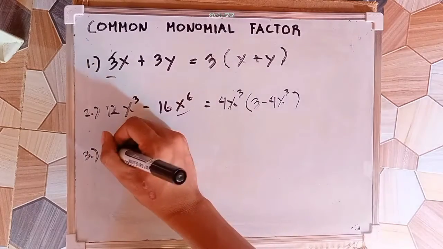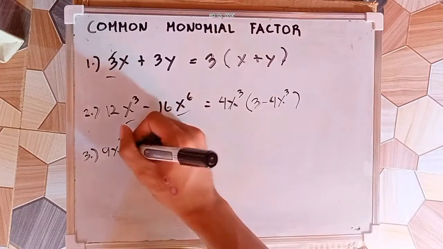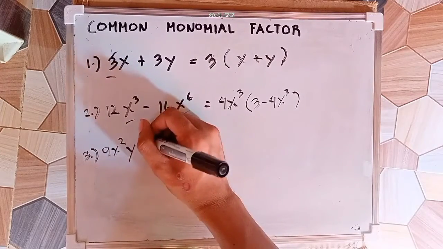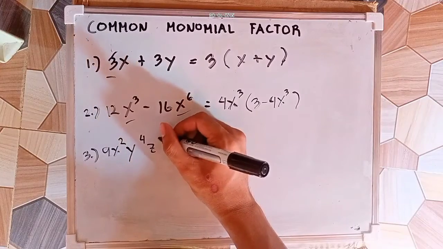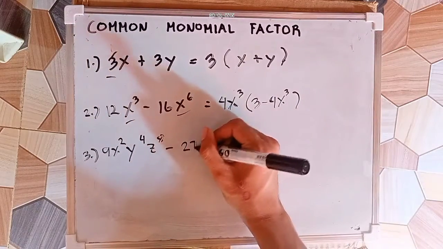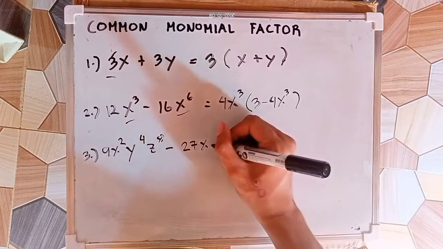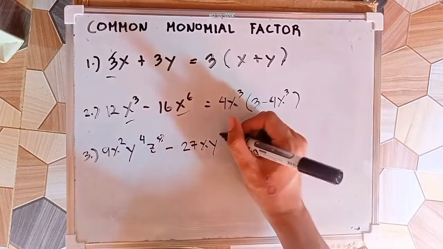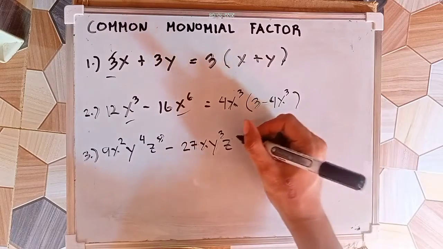For number 3, we have 9x cubed y to the power of 4 z to the power of 8 minus 27x squared y to the power of 3 z to the power of 4.